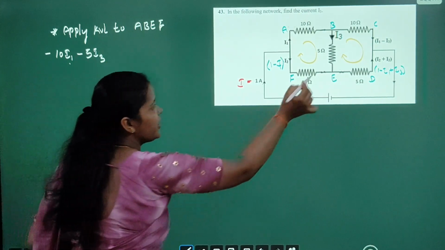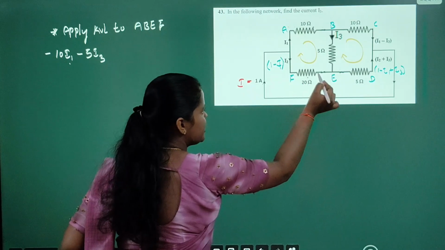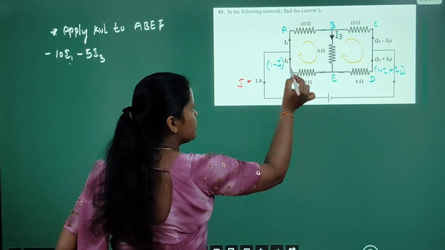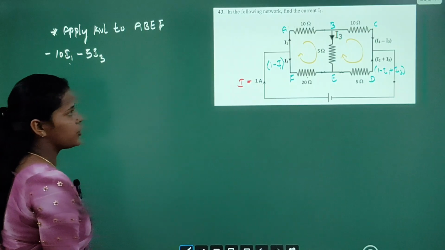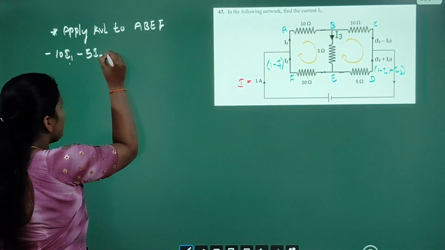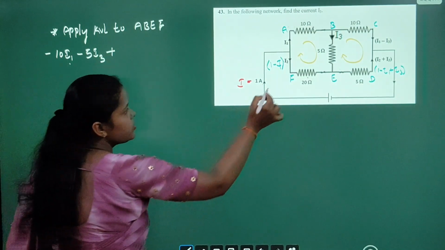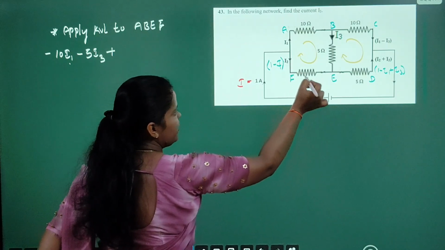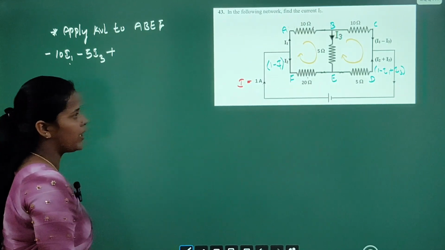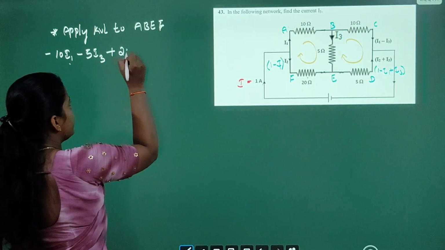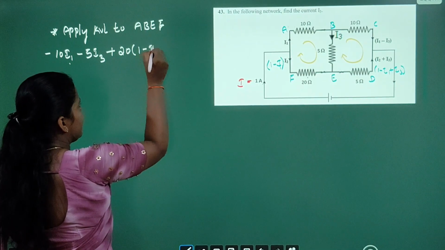In the same way, in this branch the current is exactly opposite to the loop direction, so we have to keep the positive sign. The current flowing in this branch is 1 minus I1 and the resistance is 20 ohm, so plus 20 into 1 minus I1.